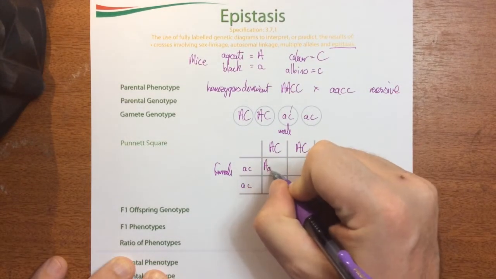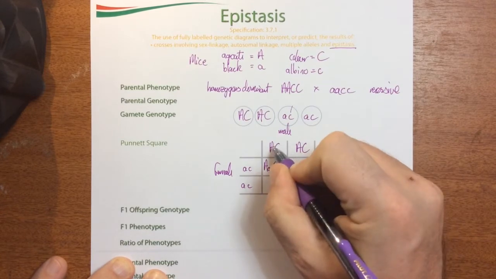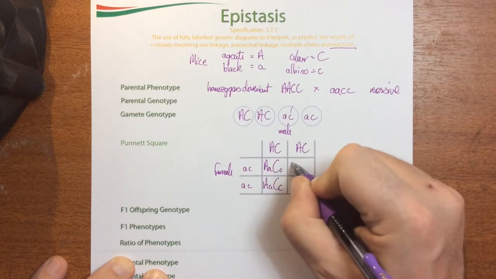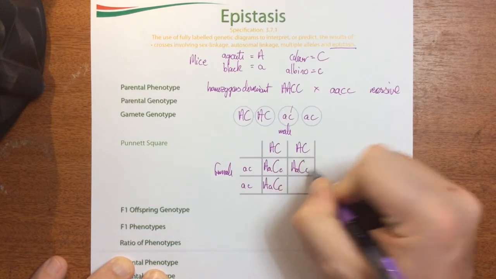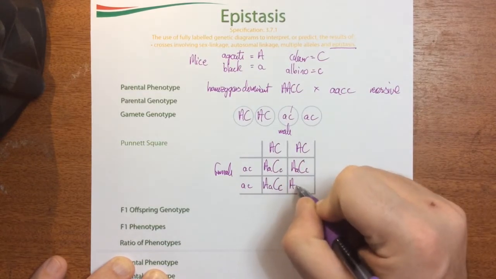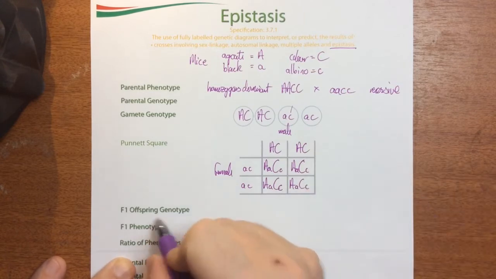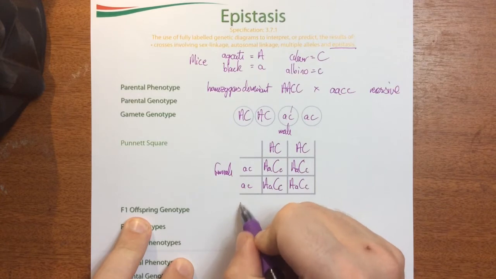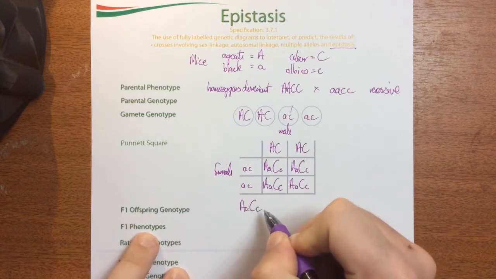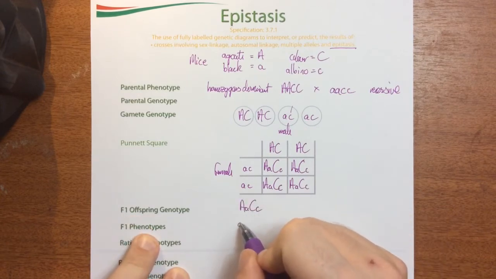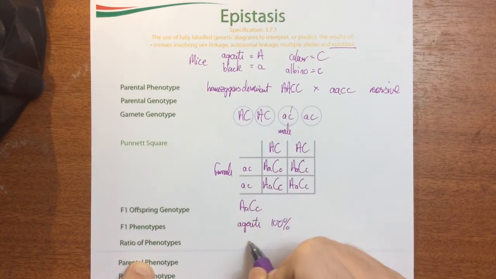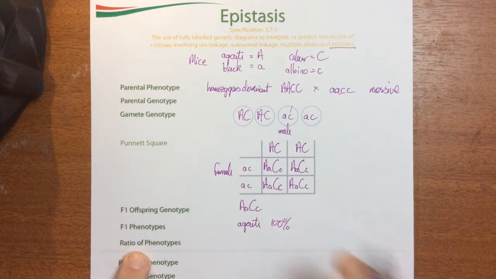Big A, big C, little c, and so on. As usual, we end up with 100% heterozygous. So offspring genotype, big A, big C, little c. The phenotypes, they're all agouti, 100%. So our ratio of phenotypes, 100%.